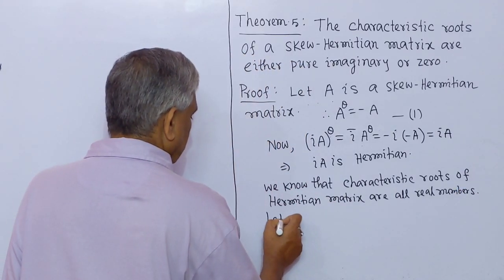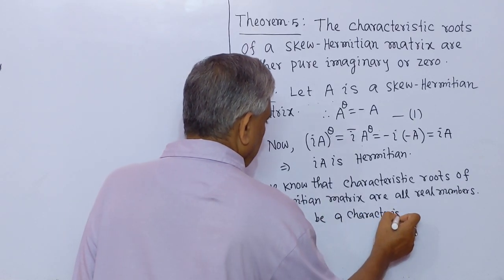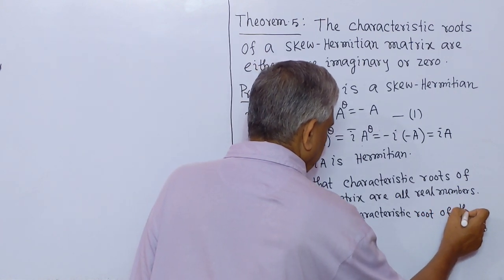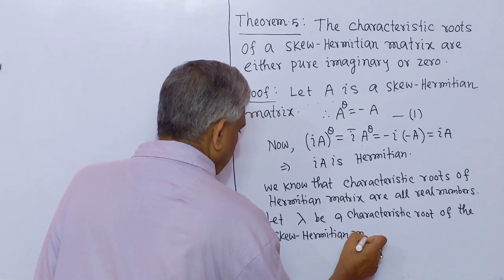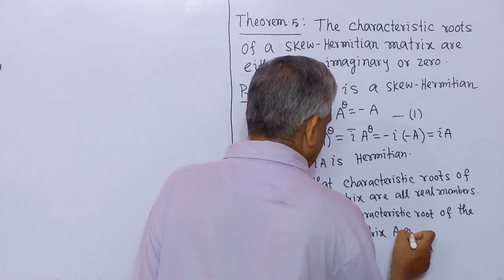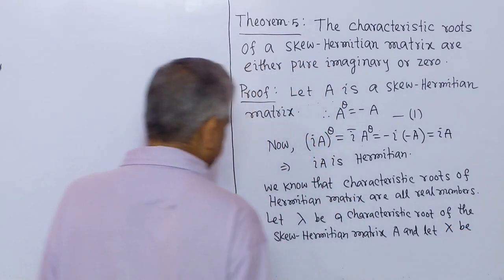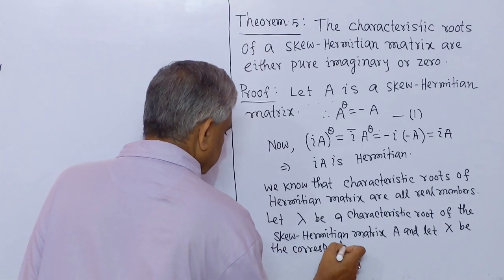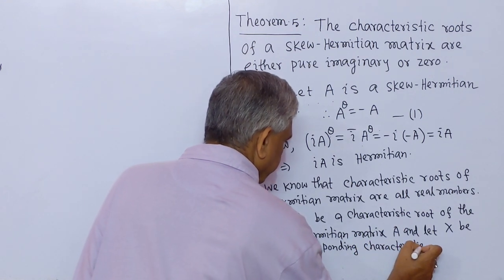Let lambda be a characteristic root of the Skew-Hermitian matrix A, and let X be the corresponding characteristic vector.